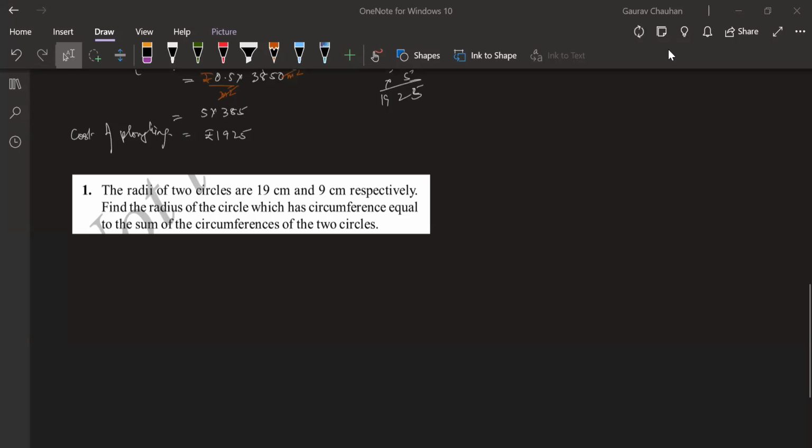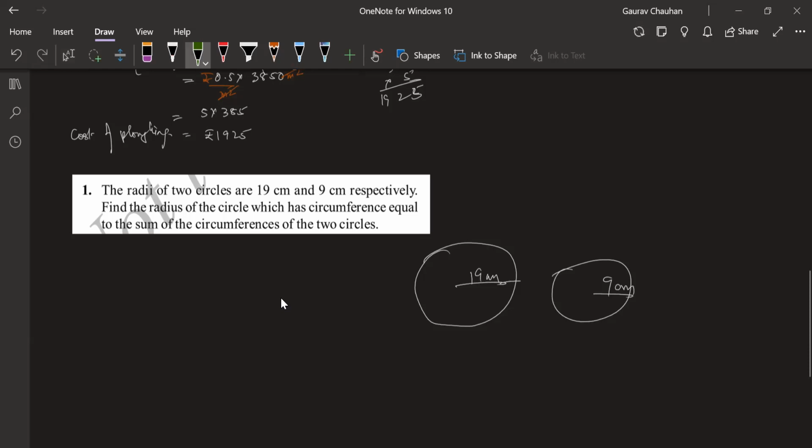The first question says radii of two circles are 19 centimeter and 9 centimeter respectively. Basically, there are two circles, 9 centimeter and 19 centimeter. We have to find the radius of the circle which has circumference equal to the sum of the circumferences of the two circles. Anyone already having the equation in your mind?